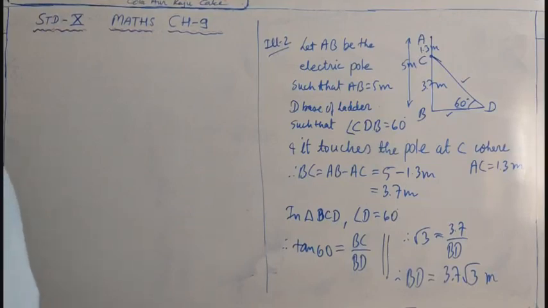Now we have to calculate this, that is the base of the pole away from the base of the ladder. Okay, now let us proceed.